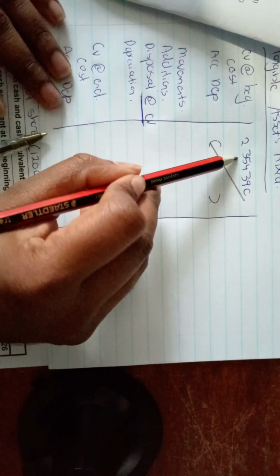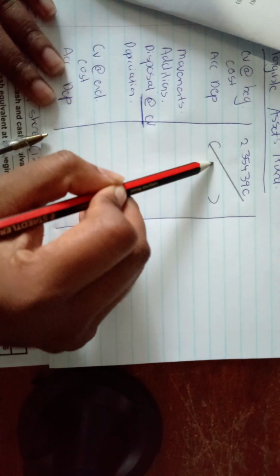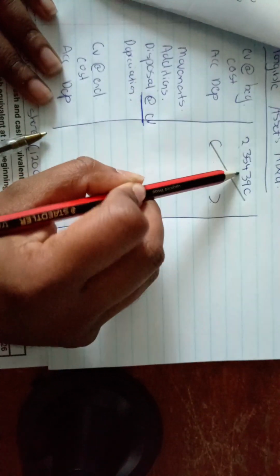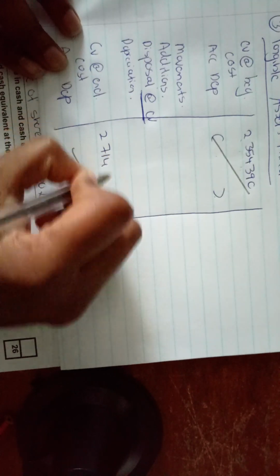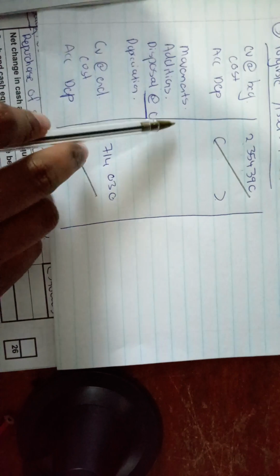So automatically this part here will fall away because cost minus accumulated depreciation will give me this answer here. And the same with the end, because I have the carrying value at the end. It's 2,714,030.